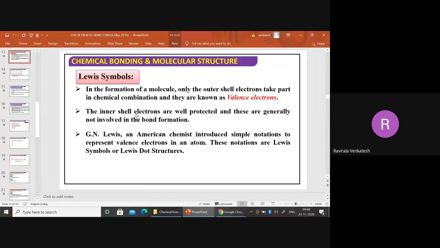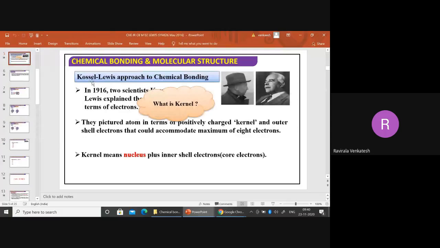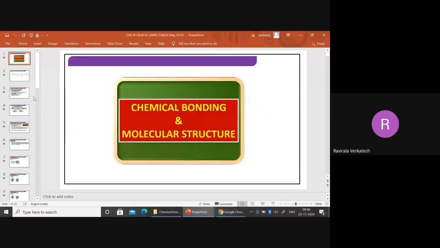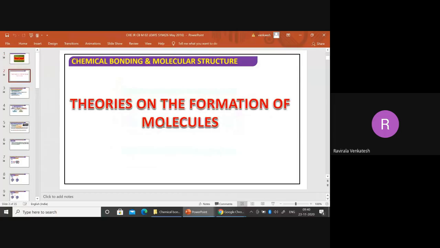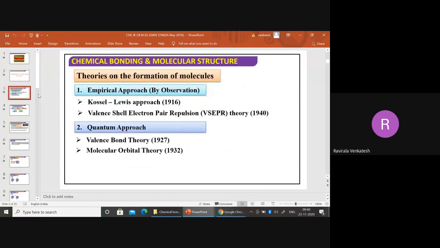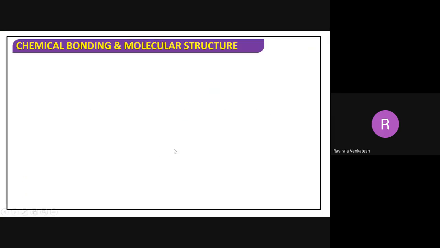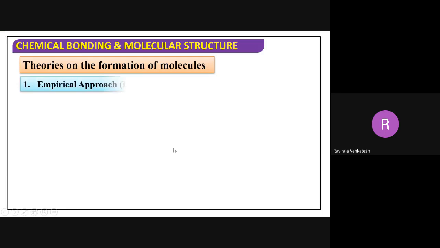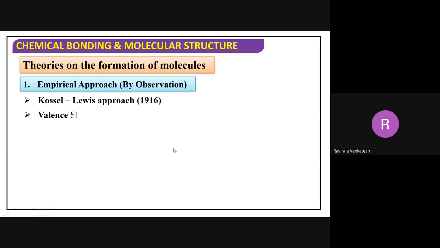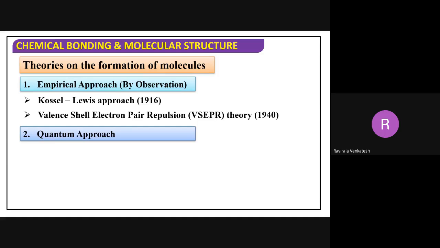Now let me see the important topic, the Lewis dot structure. I think you already covered it in 10th class, but anyhow we will see it. How many theories are there? Let me discuss. The first is the Kossel-Lewis approach theory, which we'll discuss today.